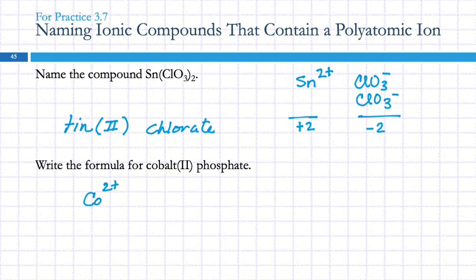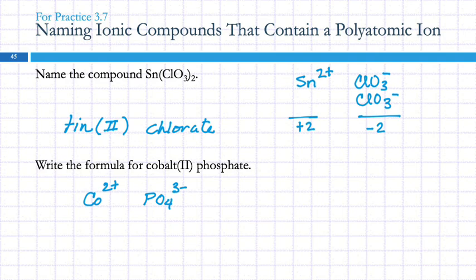And then phosphate. PO4 3-. So at the very least, you should be able to guess it's phosphorus, oxygens, and some negative charge, right? Do your best guess, check your answer.